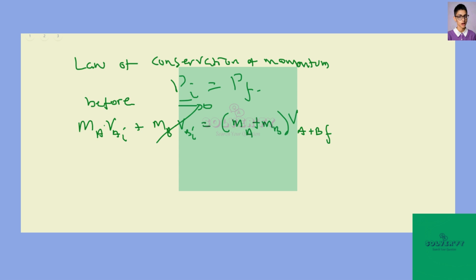And then we want to compute the combined velocity. That's our target. So V of A plus B final equals mass of A, velocity of A, all over mass of A plus mass of B.